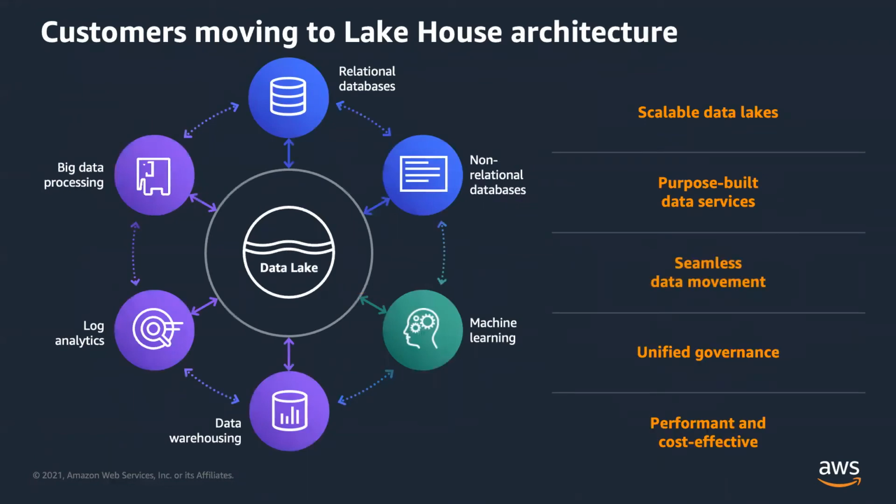What we mean by that is to help the customer build a modern data architecture that allows them to rapidly build a scalable data lake, and use a broad and deep collection of purpose-built data services that provide the performance they require for use cases such as the one I will demonstrate today, like building an interactive dashboard, doing log analysis on all the different logs that they get, or even big data processing or data warehousing and so on, right?